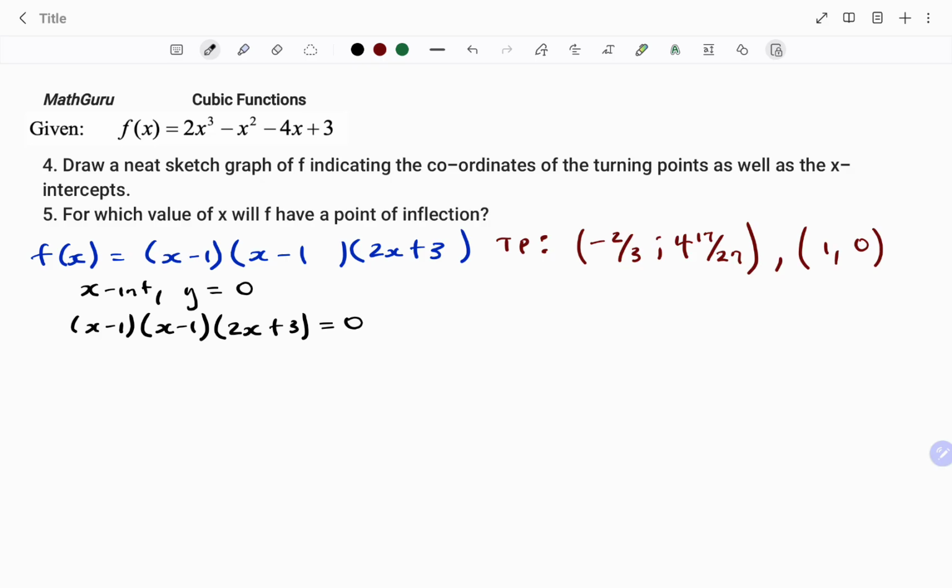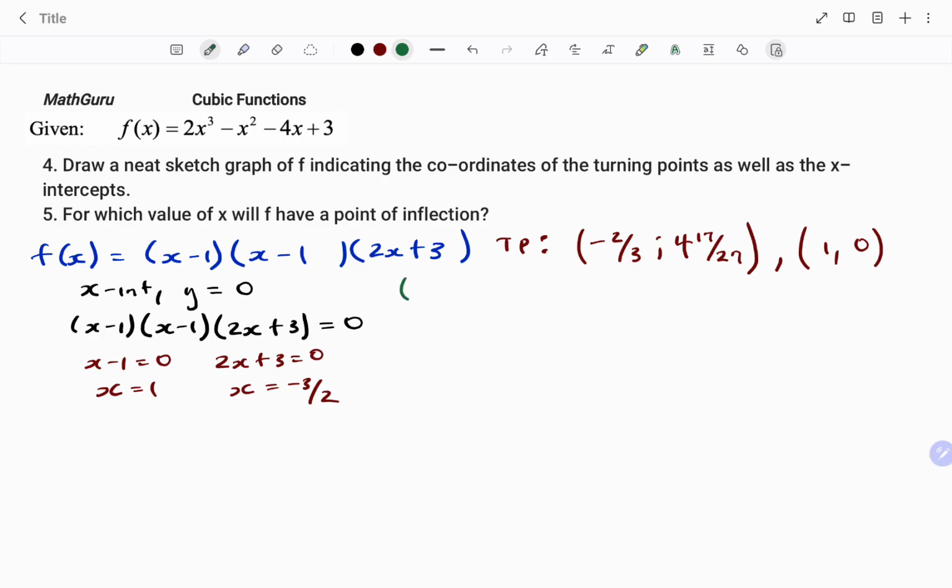If x minus 1 is equal to 0, then x equals 1 twice. For the next one, 2x plus 3 equals 0, so x equals negative 3 over 2. With these, I need to write out my x-intercepts.